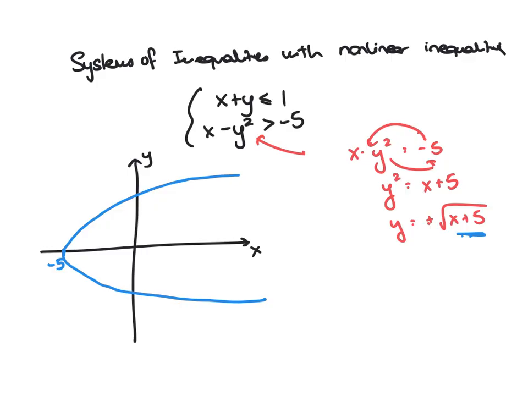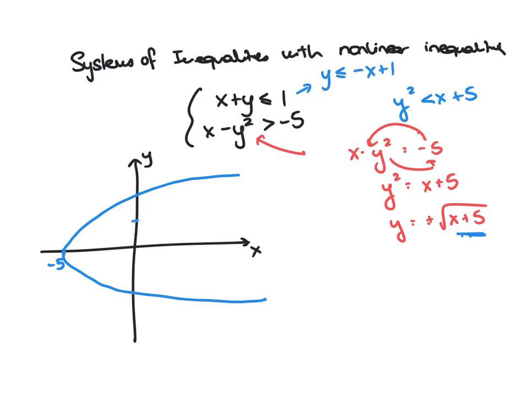Here we have y squared less than x plus 5. So in short, we are expecting to find it in the smaller range, which means inside here. The other one is x plus y less than or equal to 1. So y is less than or equal to minus x plus 1.